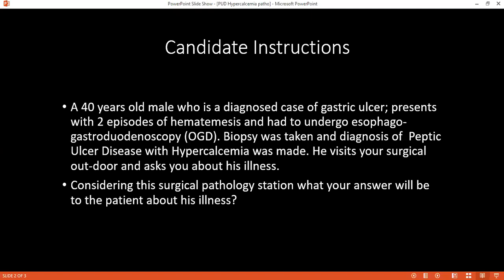So if you have read and understood, considering a surgical pathology patient, kindly tell me, what do you infer of this patient's illness after reading the stem?